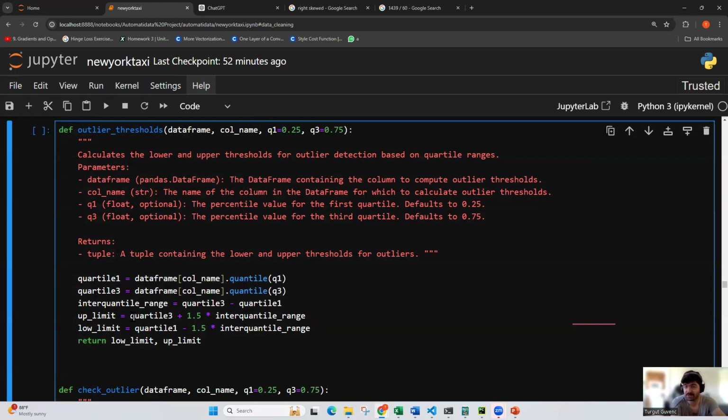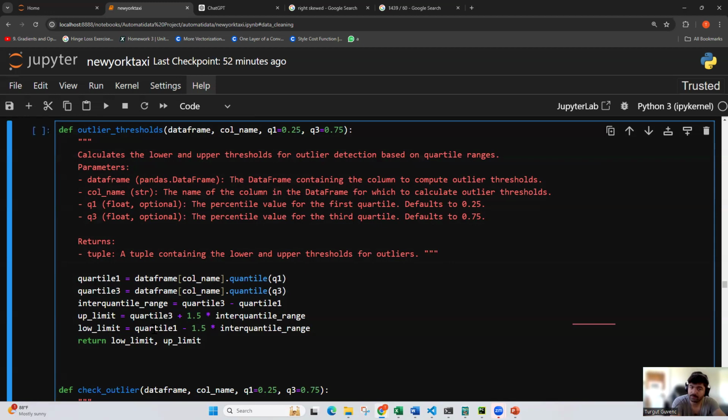You can also use visualization tools like a scatter plot or box plot. So for the upper limit, we take the 75% quantile and add the interquantile range multiplied by 1.5.